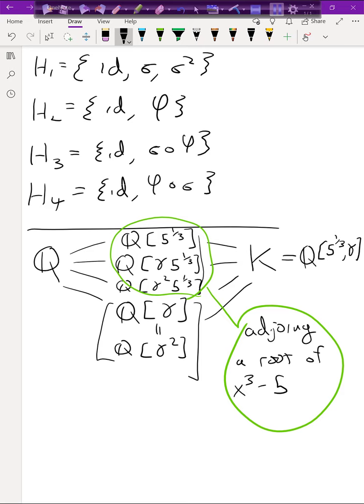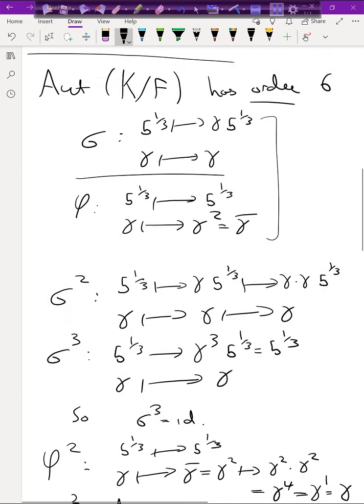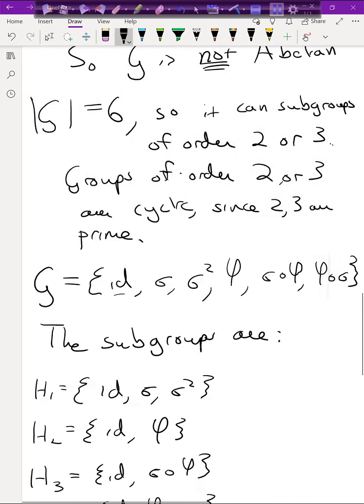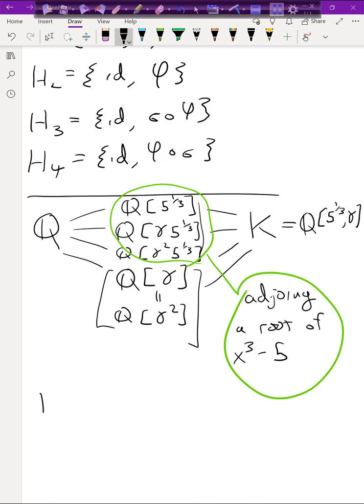That's this sigma squared. And I think if you go back to the definition of sigma, right here, I think you immediately see that sigma is going to fix gamma, but it's not going to fix any of the roots. So KH1, that's Q adjoin gamma.